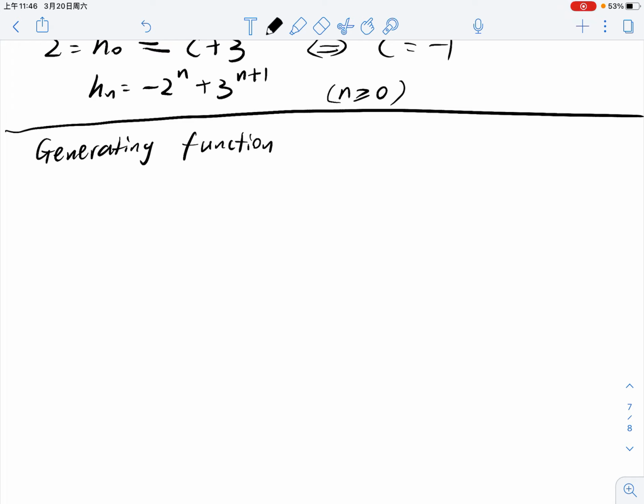And the idea is very simple. That is, previously we viewed all the sequence H0, H1, H2 as separate things. You have a lot of things. But now you cook up some function, a single function, incorporating all the data.